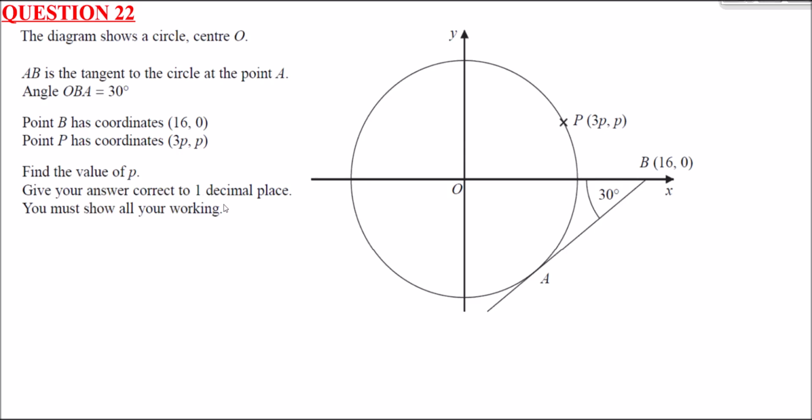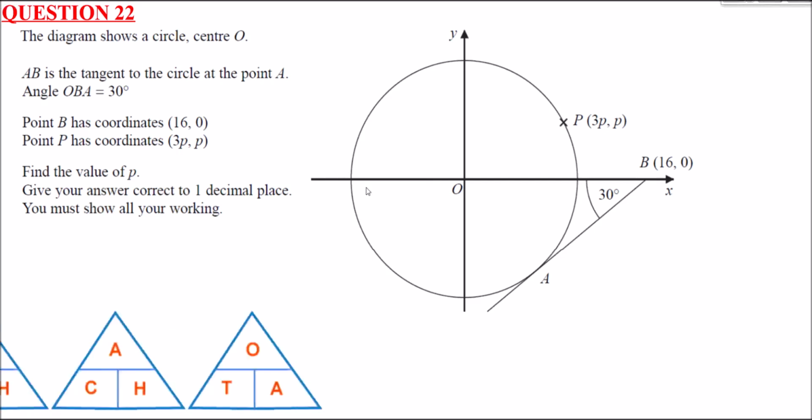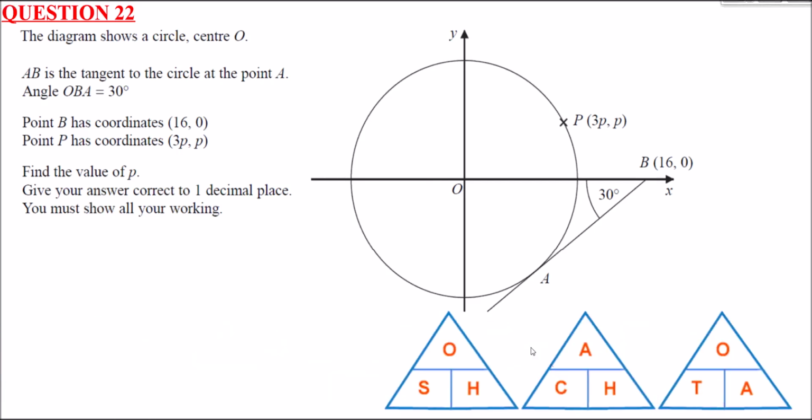It may not seem like it initially, but this here is actually going to be a question involving trigonometry. So trigonometry should get you thinking straight away of SOHCAHTOA. It's also a question, because it's a circle primarily as well, we need to remember some circle theorems.